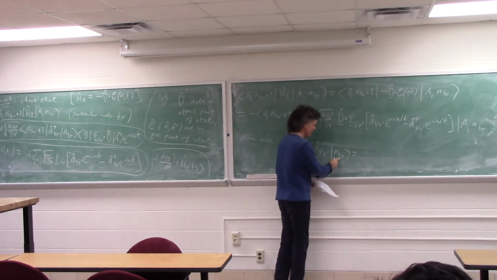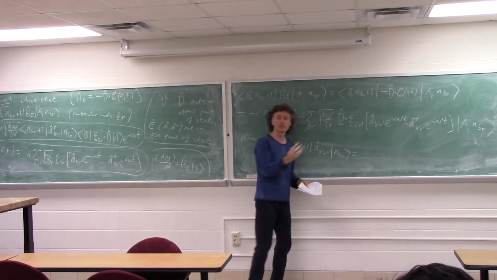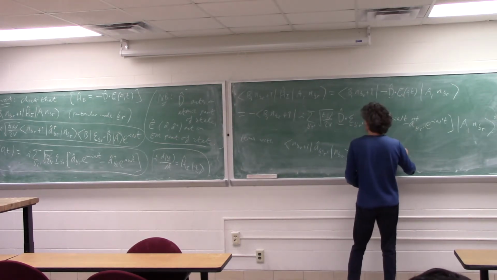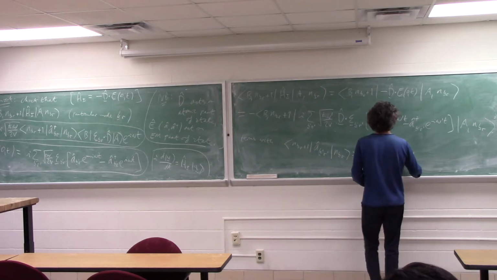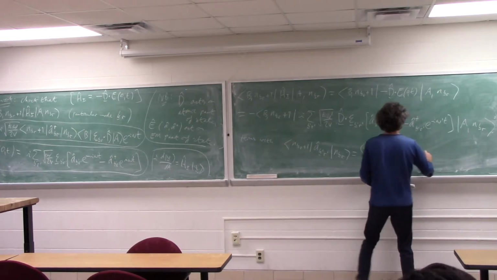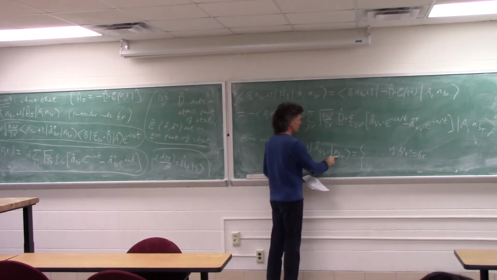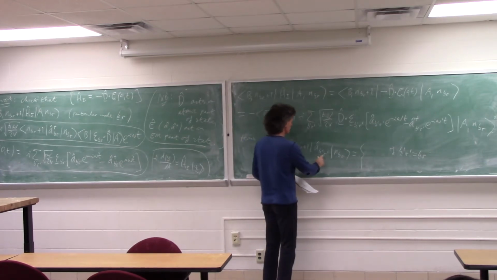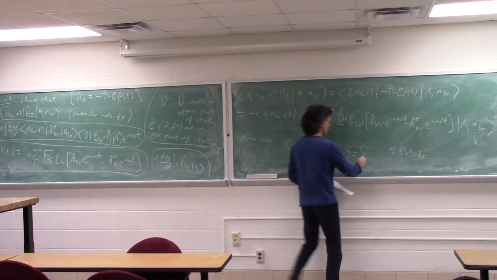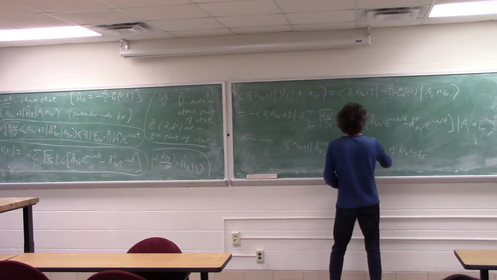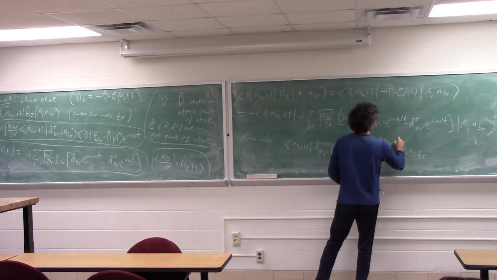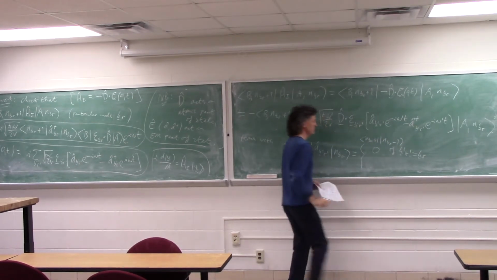So the mode kr has n photons, the other modes have no photons. It's pretty obvious, but let's go through it slowly because it's the first time. Imagine if k' r' was equal to kr. Remember, there's a sum over all the modes here. Then this would be the inner product of n kr plus 1 with n kr minus 1, which is 0.